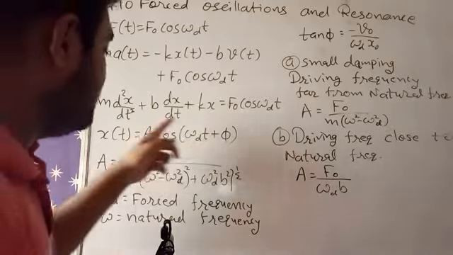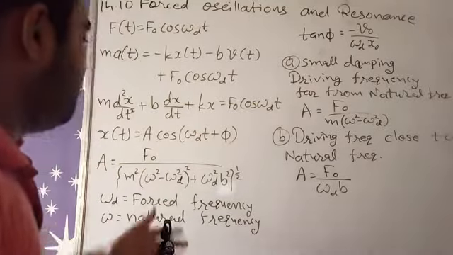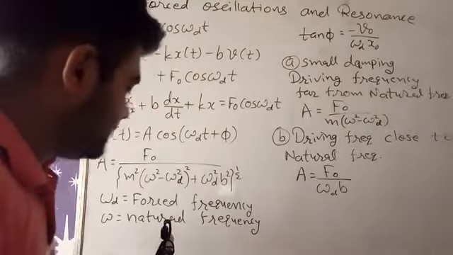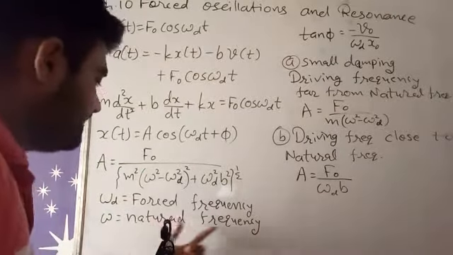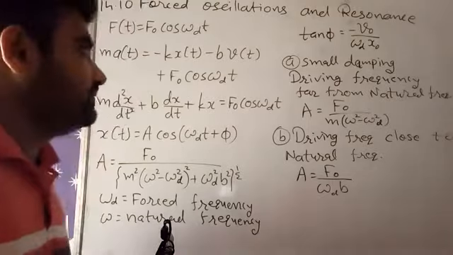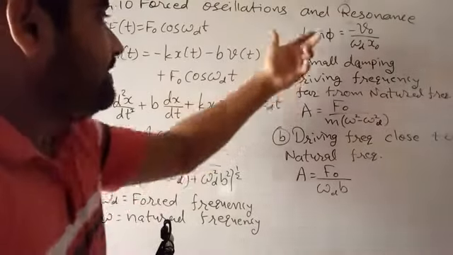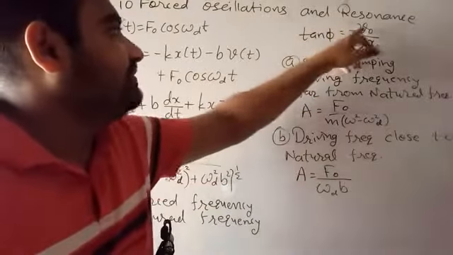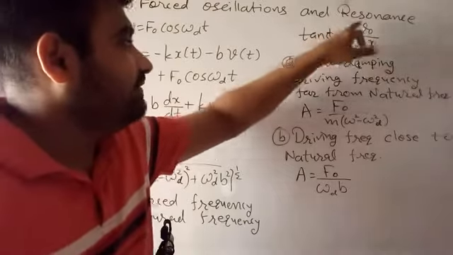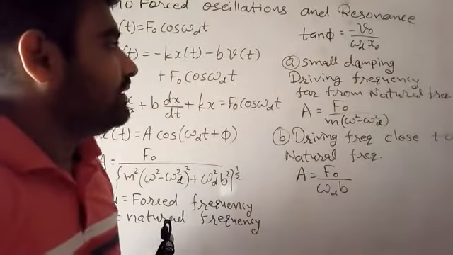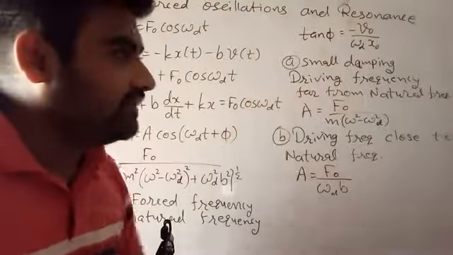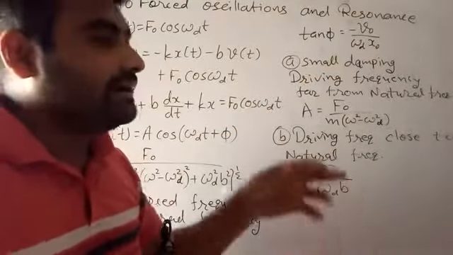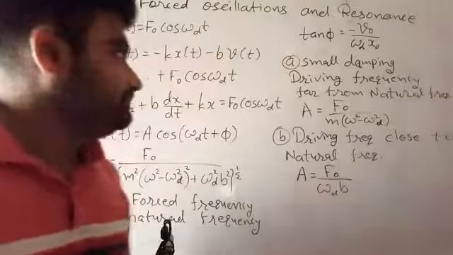So this is the solution for the amplitude of our object. We know that ωd is the forced frequency and ω is the natural frequency. So we can find tan φ equal to −v0 / (ωd x0). What are v0 and x0? v0 is velocity, x0 is displacement, both at time t equal to 0.